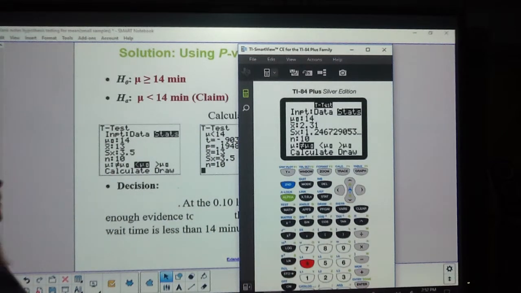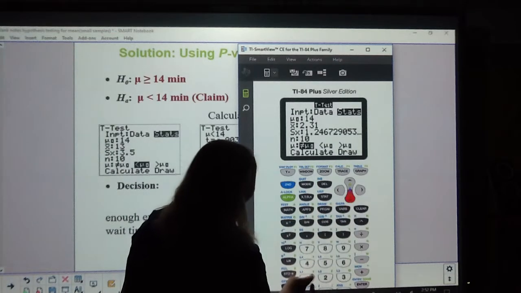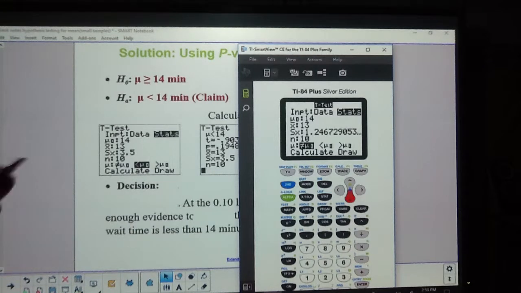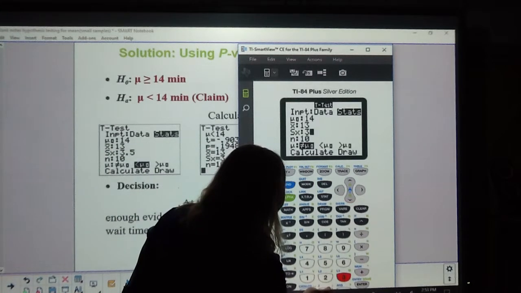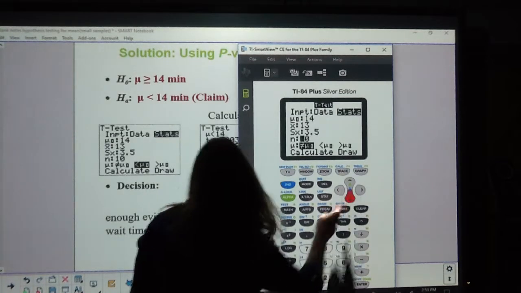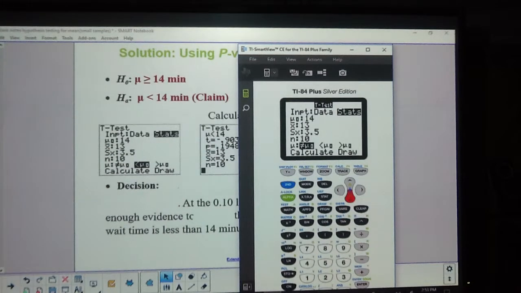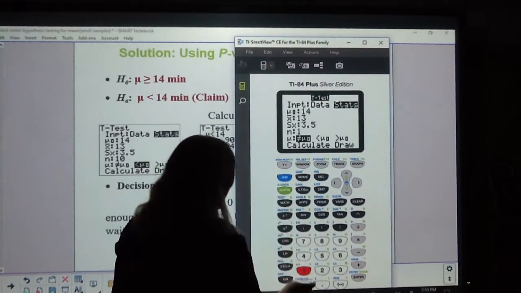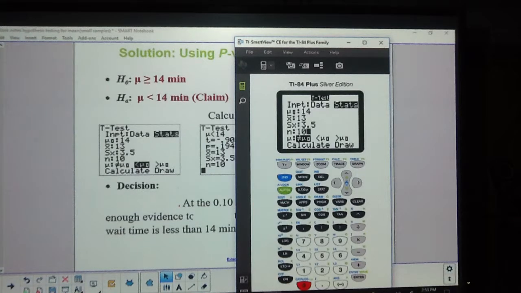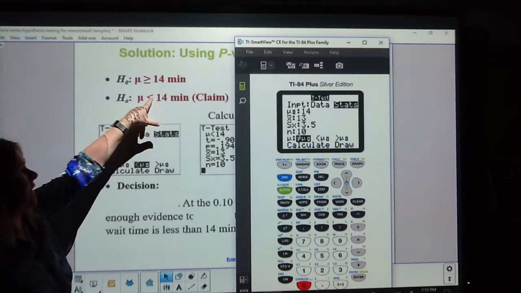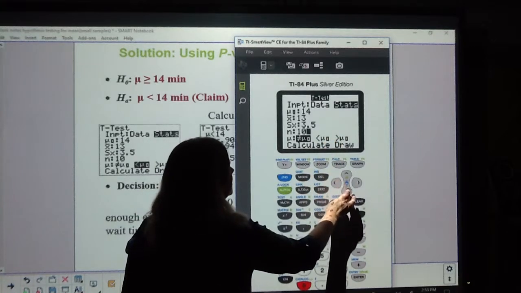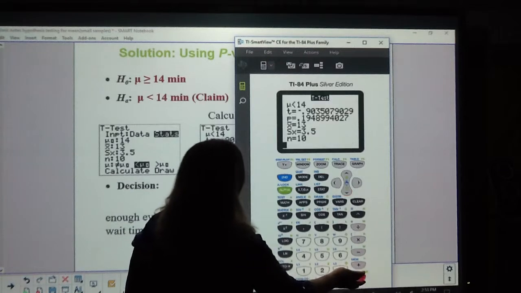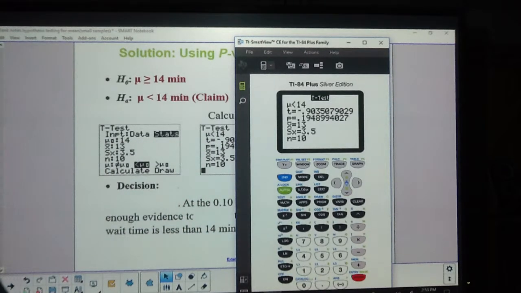My x bar, when you read it, they said the mean for the sample is 13. My S sub x was 3.5. My n, if you read it, was 10. And look at H sub A. That's what we want there, whatever H sub A is. We hit calculate. And there we have our t-value.